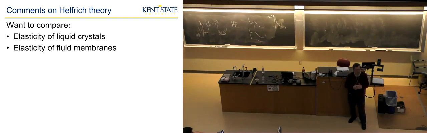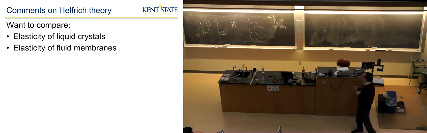I wanted to show you how that is related to the liquid crystal elasticity that I told you about a couple days ago, because it's actually a very similar kind of consideration.